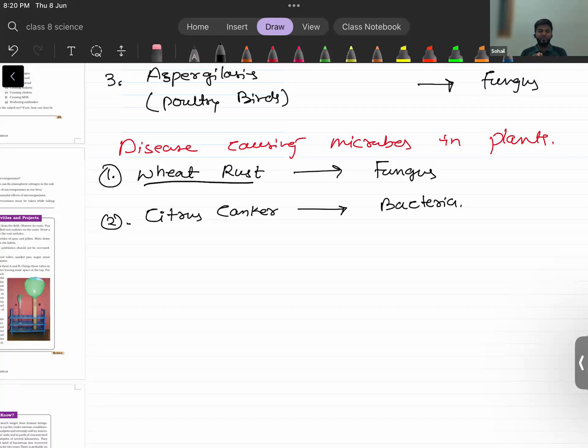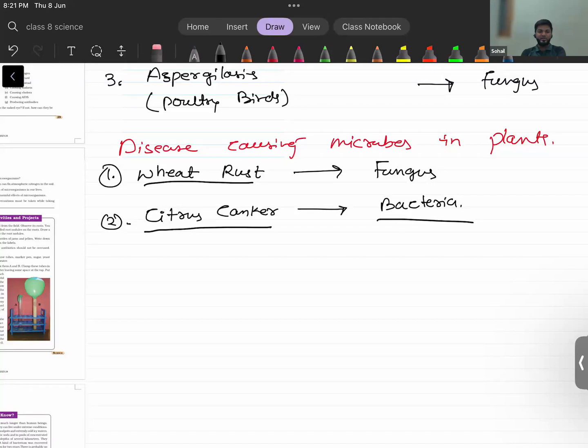What is a pathogen, by the way? Sir, disease causing microorganisms. Very good. Okay, so just remember the name of the pathogen and the disease. Just remember these two: citrus canker, and the pathogen responsible for it is a bacteria.